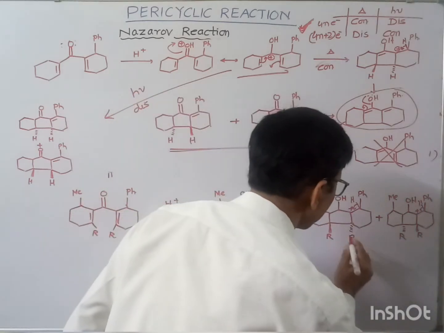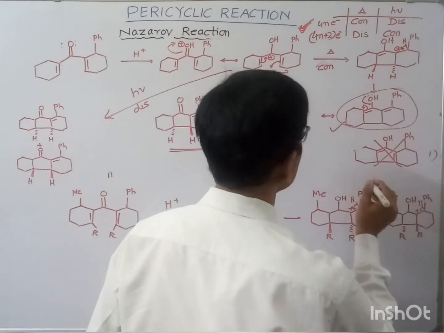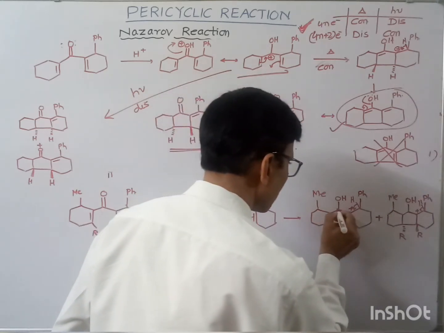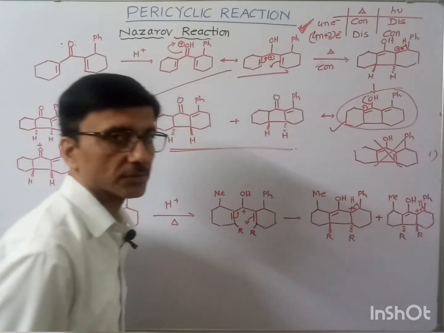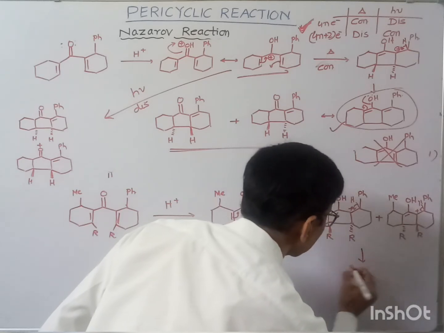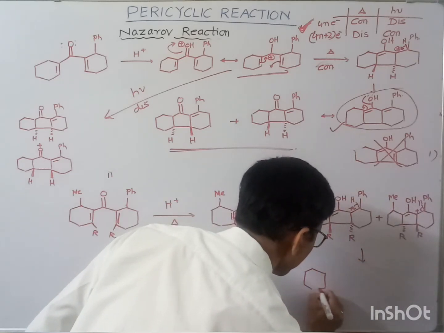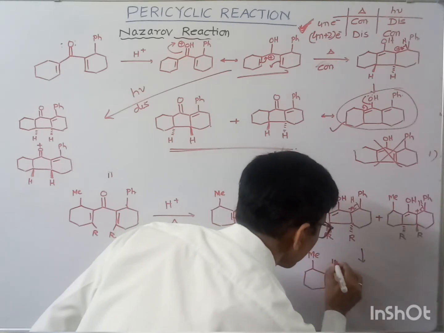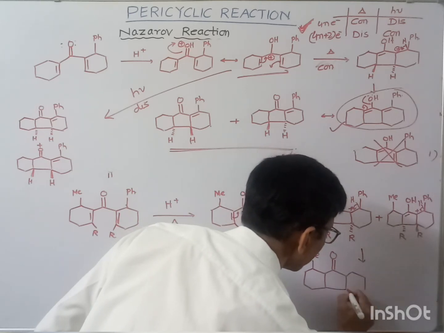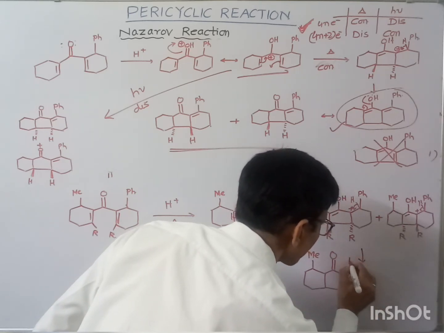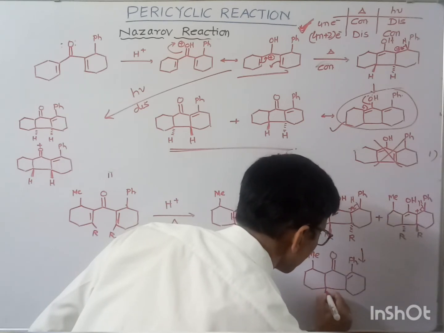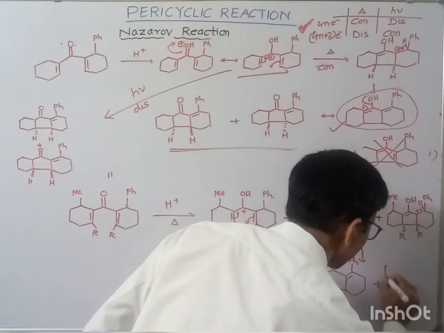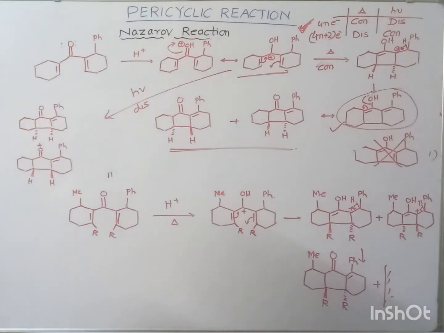Okay, and one of the products would be like this. And here is the product: this one, and an enantiomer of this one would be formed.